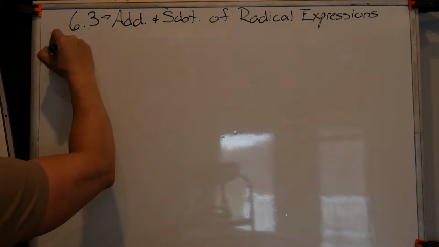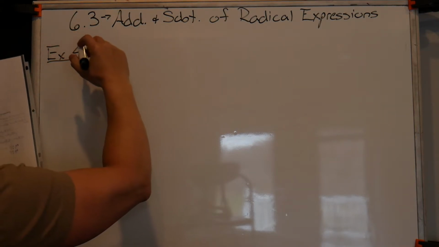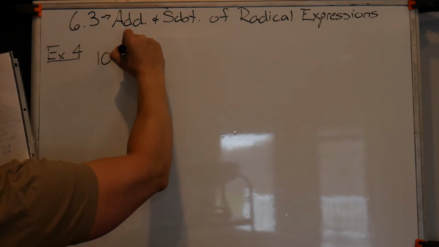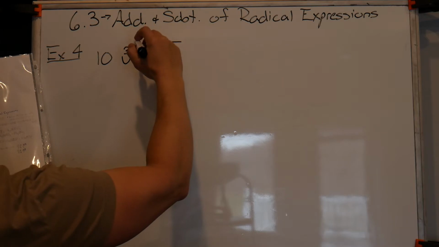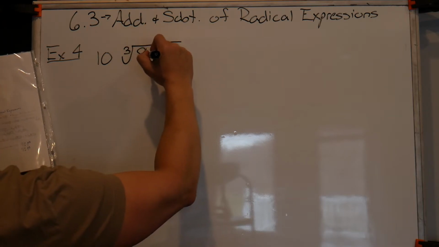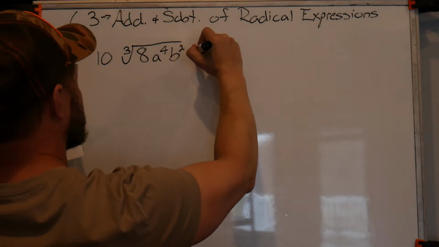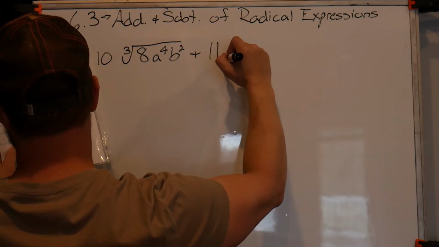So we can do a couple more. Example 4 says combine 10 cube root of 27ab squared. Okay, so they change it up a little bit. Now, let me write this one up, and then I'll mention a couple common errors here.